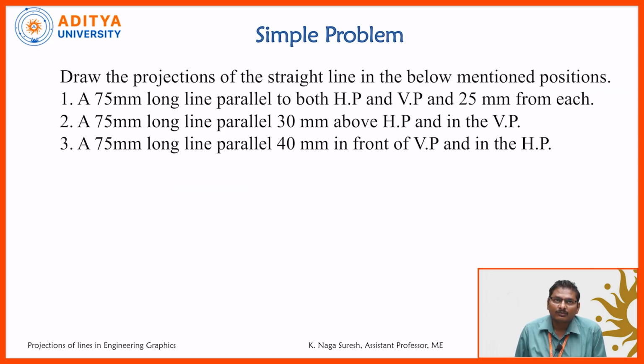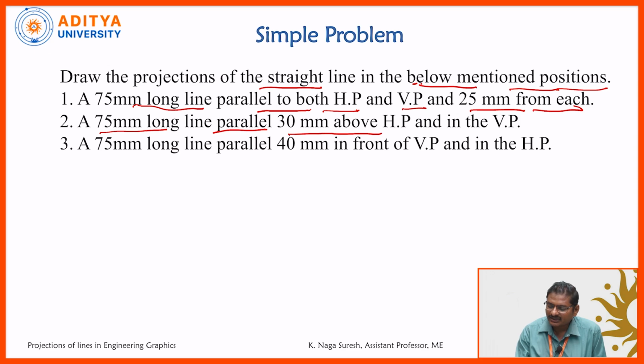This is the simple problem. Draw the projections of a straight line in the below mentioned positions. The first condition is a 75 mm long line parallel to both HP and VP, 25 mm from each. The second condition is a 75 mm long line parallel to HP, 30 mm above HP and in the VP.